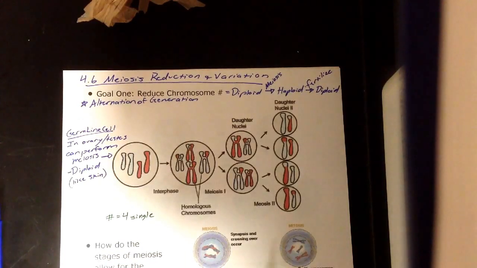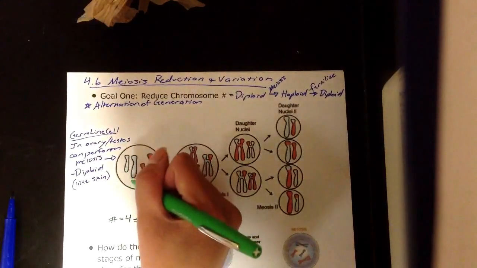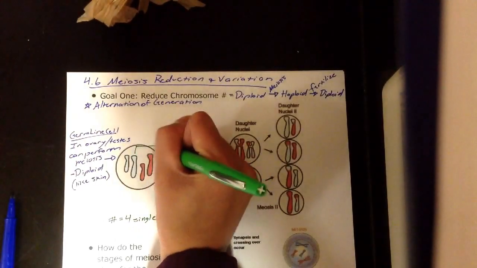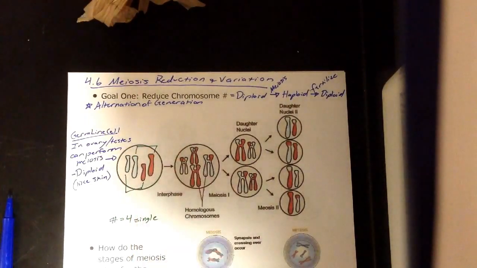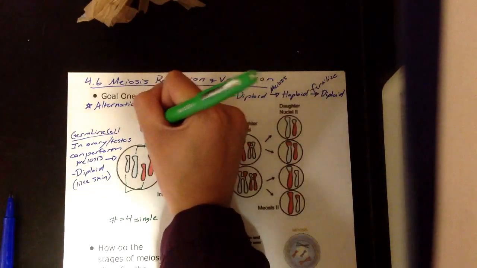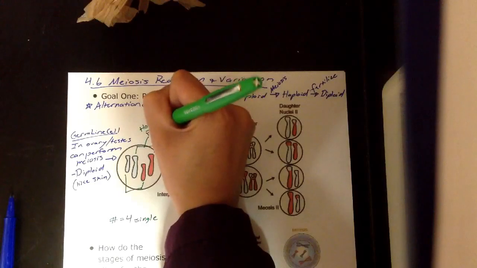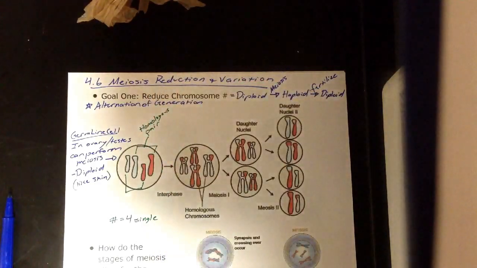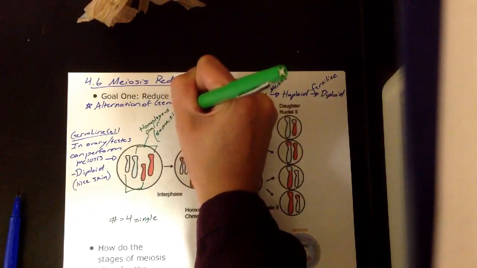A couple of other things that we should be able to notice: 2 of these chromosomes are the same size, and the other 2 are also the same size. This first set represents a homologous pair. Okay? In a homologous pair of chromosomes, they will be the same size.